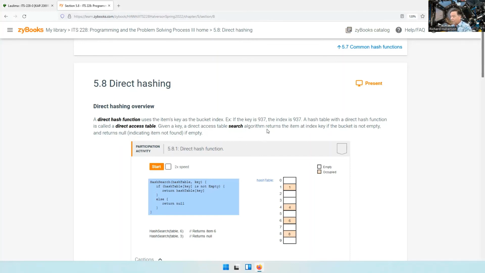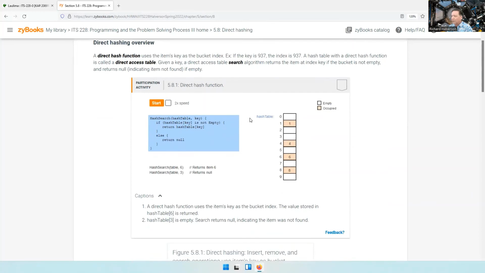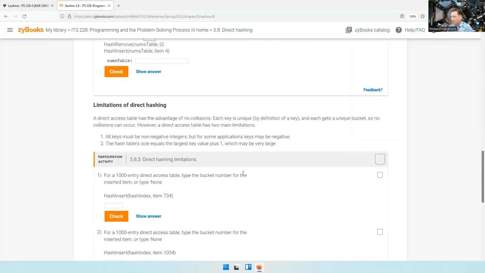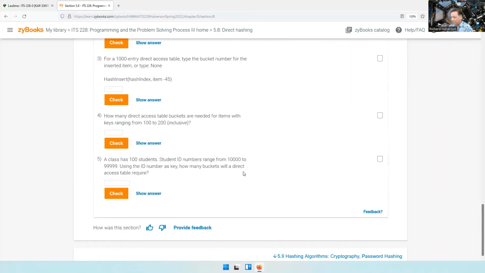The address is the bucket. This talks about that direct access table. It's very simple, but it can be expensive.